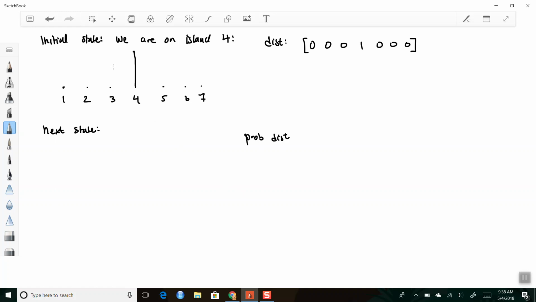If we're at island 4 and I flip a coin, what's the probability it ends up heads? 0.5. If it lands heads, then I'm proposing island 5, and if I propose island 5, I will for sure go to island 5, right?